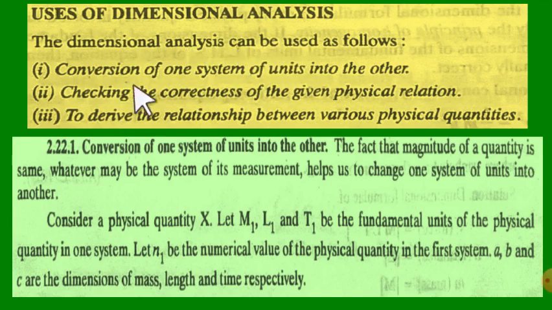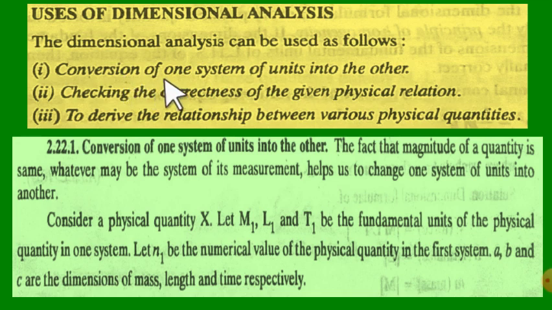So conversion of one system of units into the other. For example, from CGS to SI unit, and 1 joule is equal to 10 to the power 7 ergs, right? So erg is the CGS unit of what? Energy. And 1 Newton is equal to 10 to the power 5 dyne, okay?